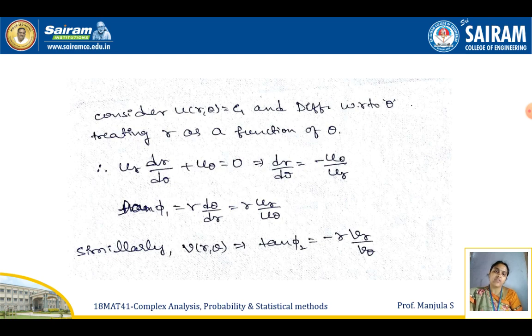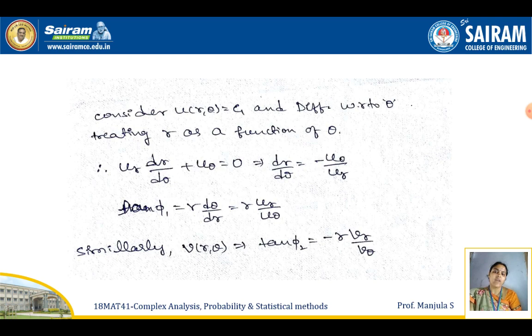You just differentiate this equation with respect to theta, treating r as a function of theta. So the equation can be written as dou u by dou r into dr by d theta plus dou u by dou theta equals 0, since c1 is a constant. We need the value of dr by d theta, which equals minus u theta divided by ur.